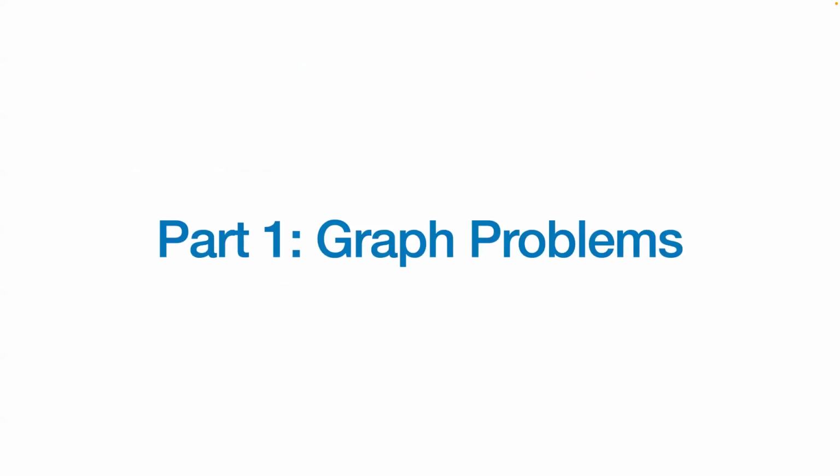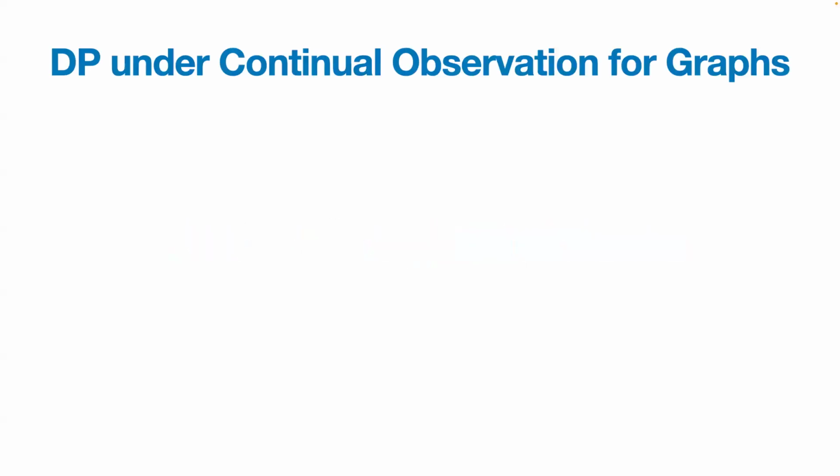So without further ado, let's get to the first set of results that I will talk about, which is on some graph problems. So when it comes to continual DP for graph problems, there are a lot of different settings that one can look into. Well, first of all, we have edge differential privacy versus node differential privacy, where in edge DP, at each one of the time steps, one edge is updated, either inserted or removed.